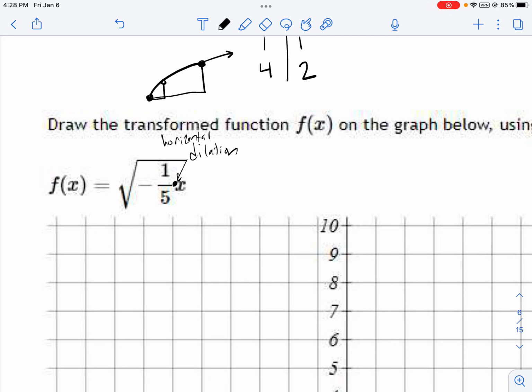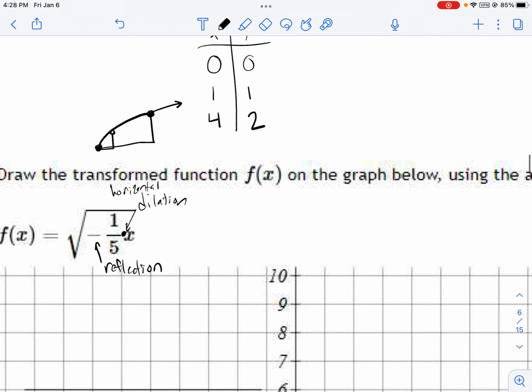Now, this negative out front implies a reflection. So we have technically two different transformations happening here: a reflection as well as a horizontal dilation. Now that dilation can mean either stretch or compression, or shrink, if you want to call it shrink instead of compression. Either or.